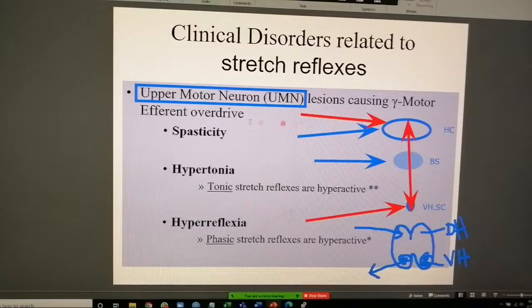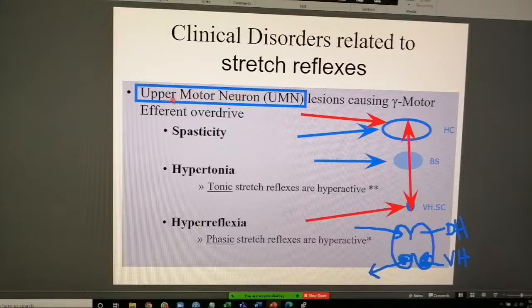Okay, so upper motor neuron we have done. Any stuff which goes wrong within this circuit is called upper motor neuron lesion, and these lesions are very specific. They are different from the lower.